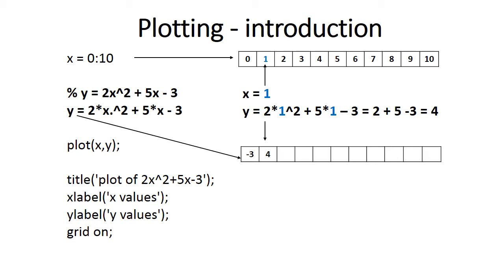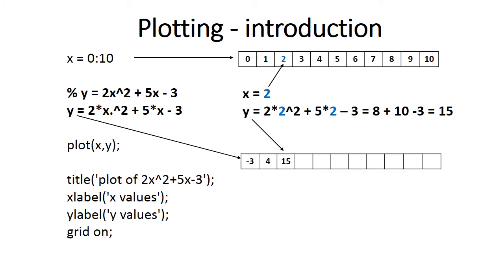So element to element, it means that x now moves to 1, and we calculate y for x equal to 1. So it's 2 times 1 to the power 2 plus 5 times 1 minus 3, which ends up being 4. So in element 2 of the y vector, we now put the value 4.